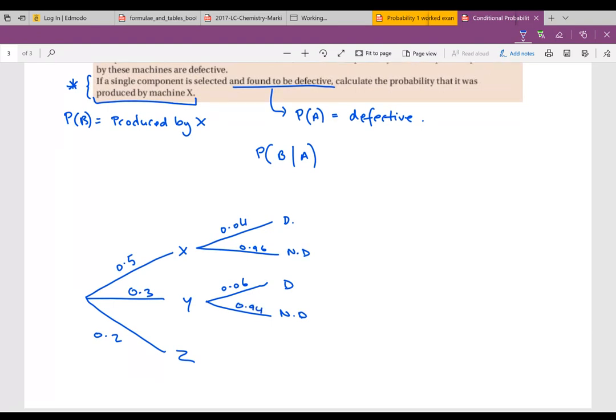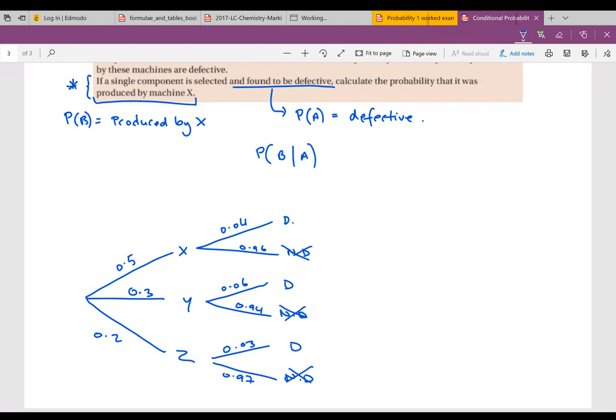And for Z, the probability that it is defective is 0.03, and not defective is 0.97.